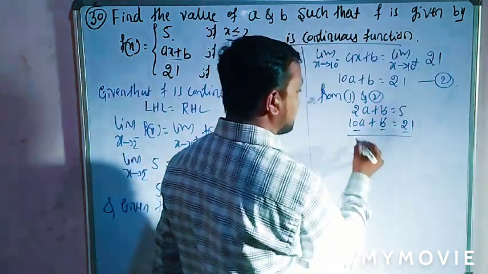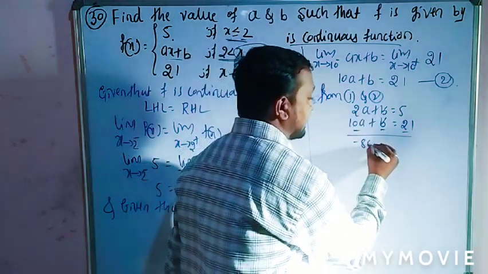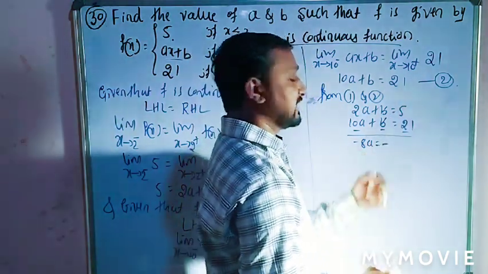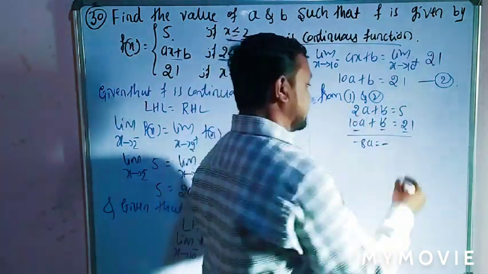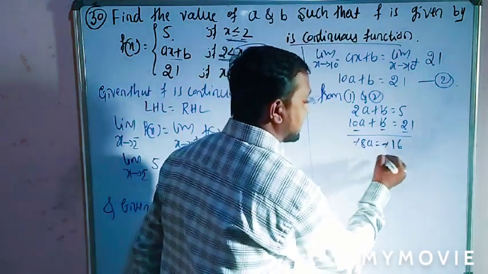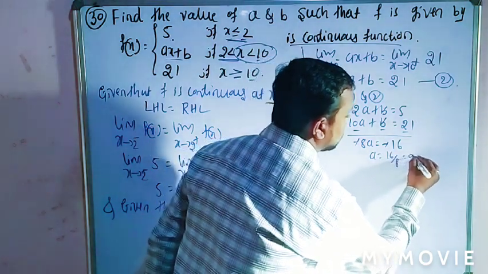So 2a minus 10a is nothing but minus 8a, equal to 5 minus 21, which is minus 16. So 8a equal to 16, the minus signs get cancelled. So a equal to 16 by 8, which is equal to 2.